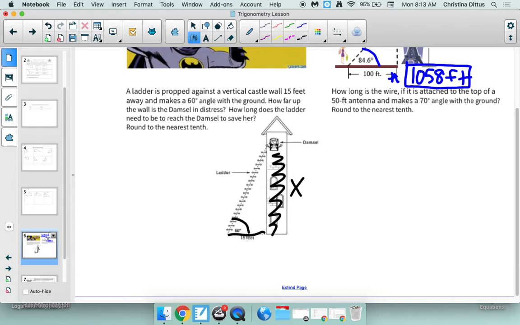Always look from your angle's point of view. How does x relate? Opposite. How does 15 relate? What am I using? SOHCAH or TOA? TOA. I got the tan of 60, and it has to equal what over what? x over 15. Put the tan of 60 in your calculator.